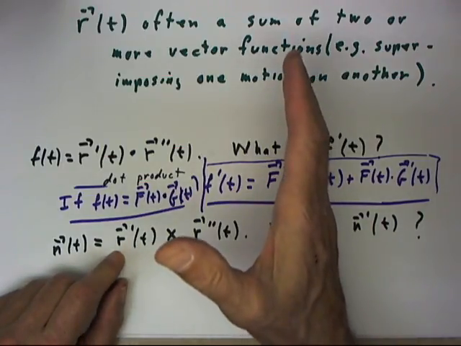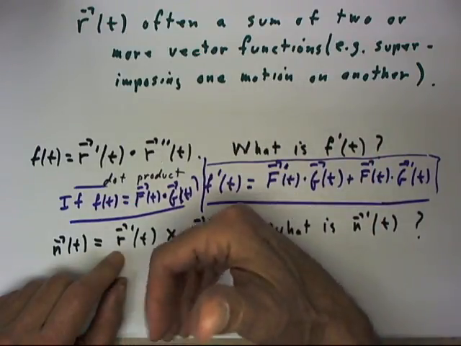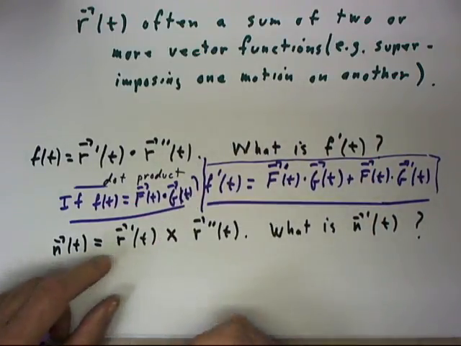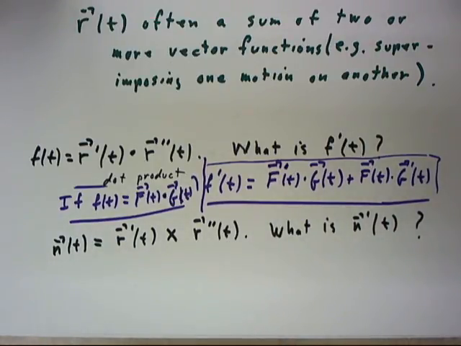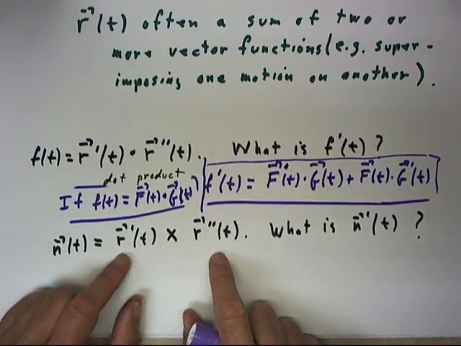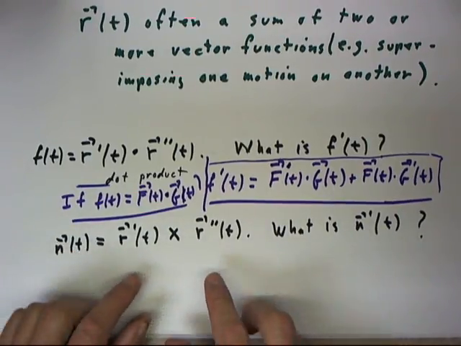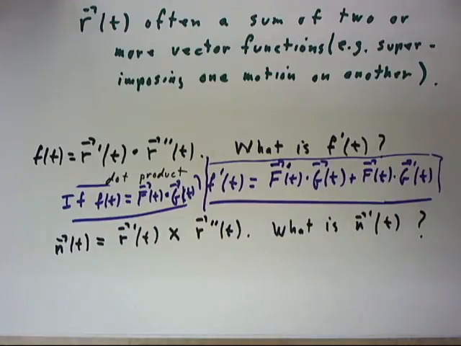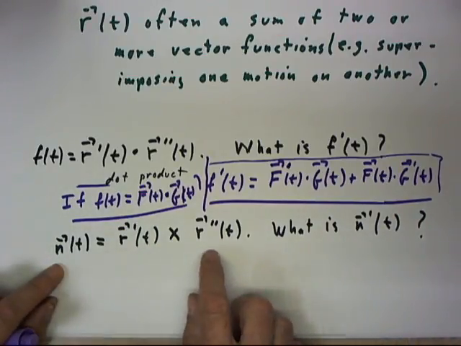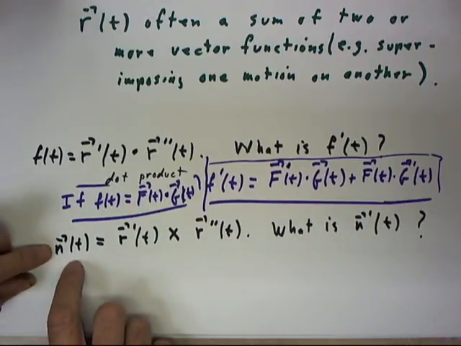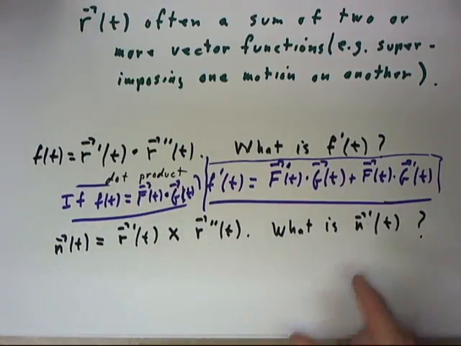The velocity is typically in a direction here, the acceleration in a direction here, so the cross product is going to be a vector in the k direction, perpendicular to the xy plane, and that's just one typical type of application where we would want to form the cross product of two vectors, call that a function, and think about what its derivative is.